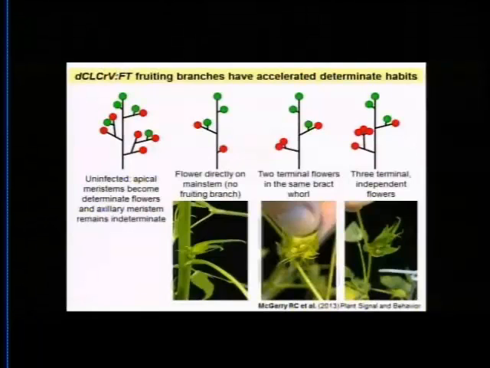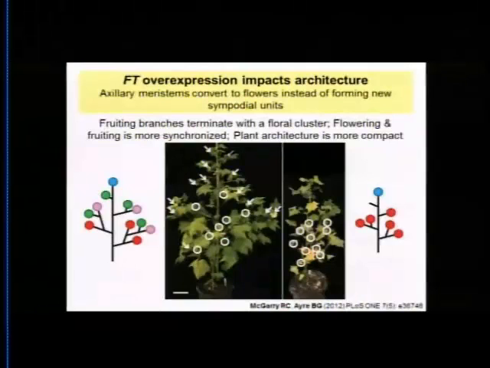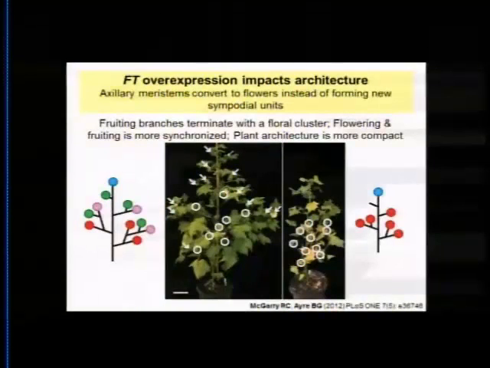In domesticated cotton, this overexpression of these determinate genes also has the effect of making the plant smaller and more synchronized in its production, which, depending on which physiologist you're talking to, are attributes for cotton production.